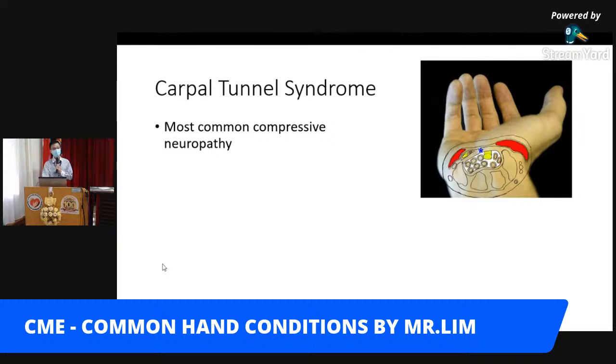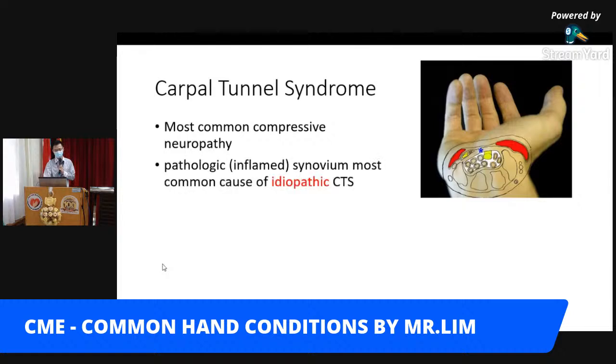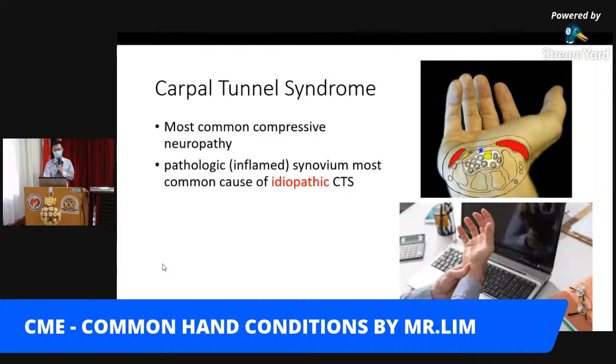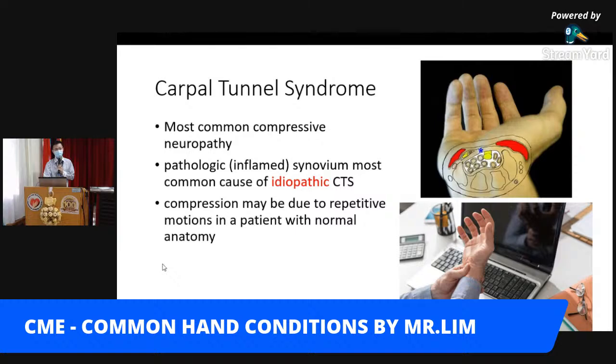And on top of the tunnel, there's a roof. The roof is the transverse carpal ligament, and sometimes it causes compression neuropathy. Most of the time it's idiopathic. Otherwise, it is caused by inflamed or pathologic synovium. And it could be caused by repetitive motions.